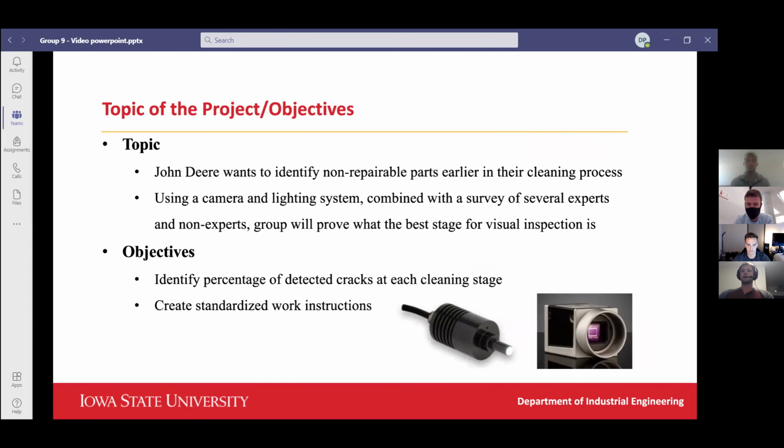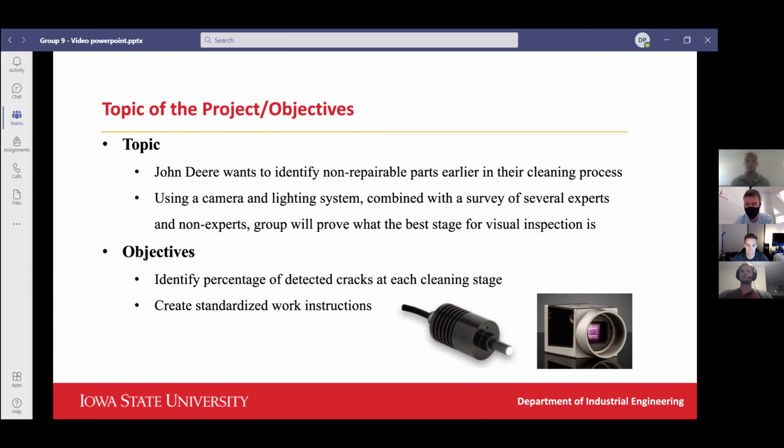So the topic of our project was we wanted to identify non-repairable cylinder heads earlier in John Deere's cleaning process. Our goal for this was to use a camera and lighting system and take pictures of several cylinder heads, and use a visual inspection survey of several experts in the field as well as several non-experts. And we would visually prove what the best stage for visual inspection would be.